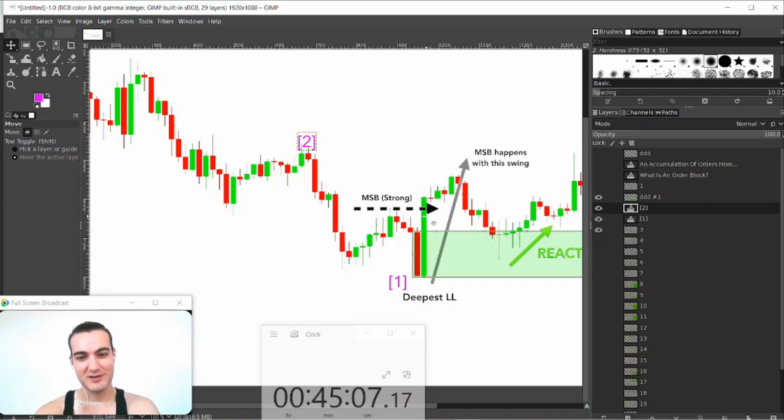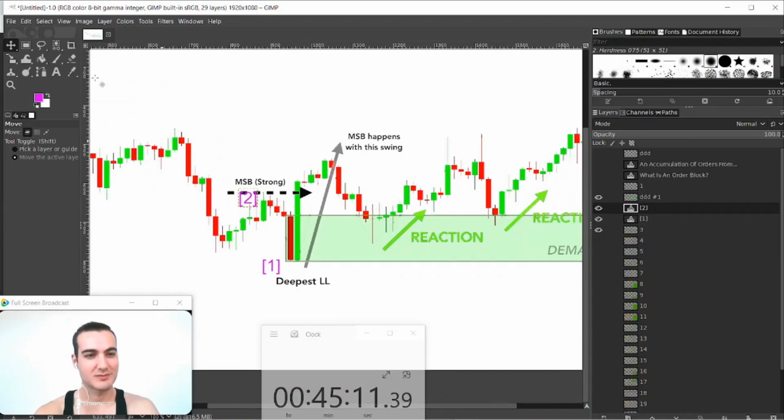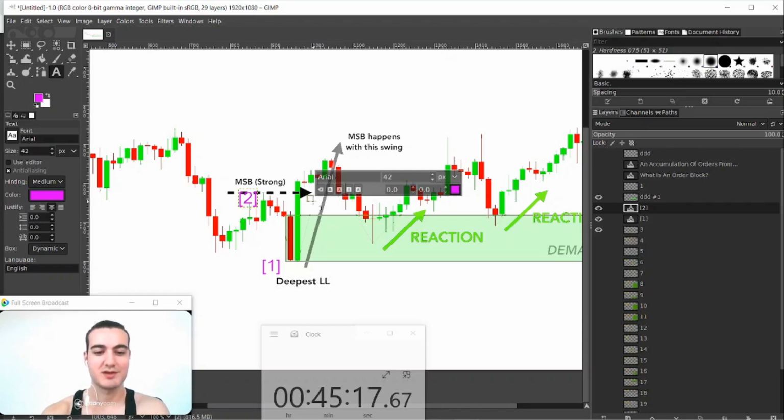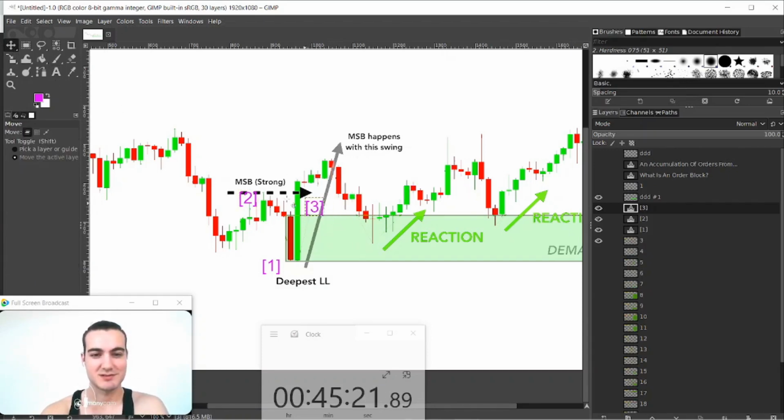Now, why did he draw the arrow here? I guess this would be point 2. Point 3 is the break of the previous lower high.